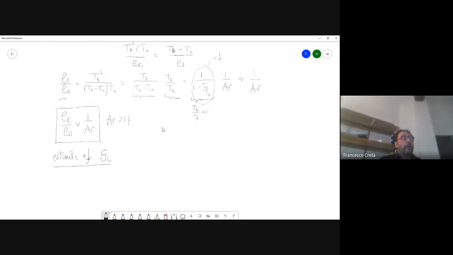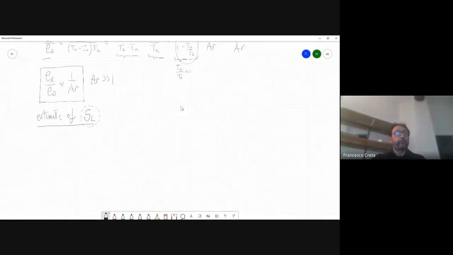Especially it was yielding propagation speeds of the CJ solutions that were way off, like 100 meters per second, which is ridiculous for a premixed flame. It's too big. So we need a new theory, laminar premixed flame, and we need a new estimate of SL. So how can we do this? Well, we have all the ingredients now.